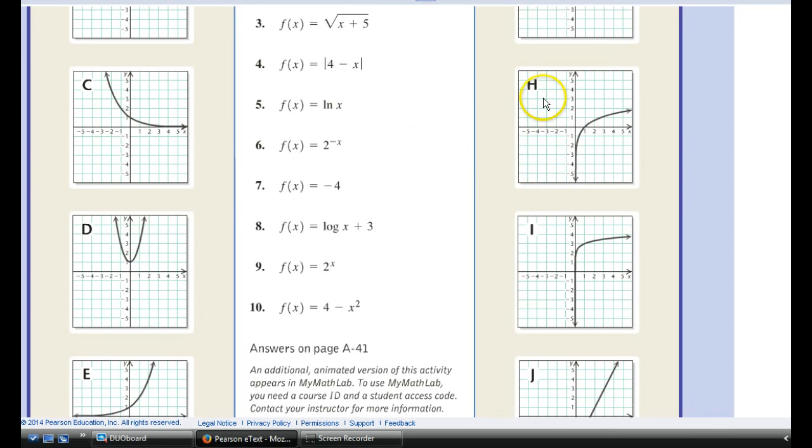Now, number 8 looks a little bit like letter H here, which was 5. Yes, similar. So notice our plus 3 here sort of indicates this goes up to about a 3 there, as opposed to about a 0 there for number 5. There wasn't any. So the plus 3 shifts that up a little bit.